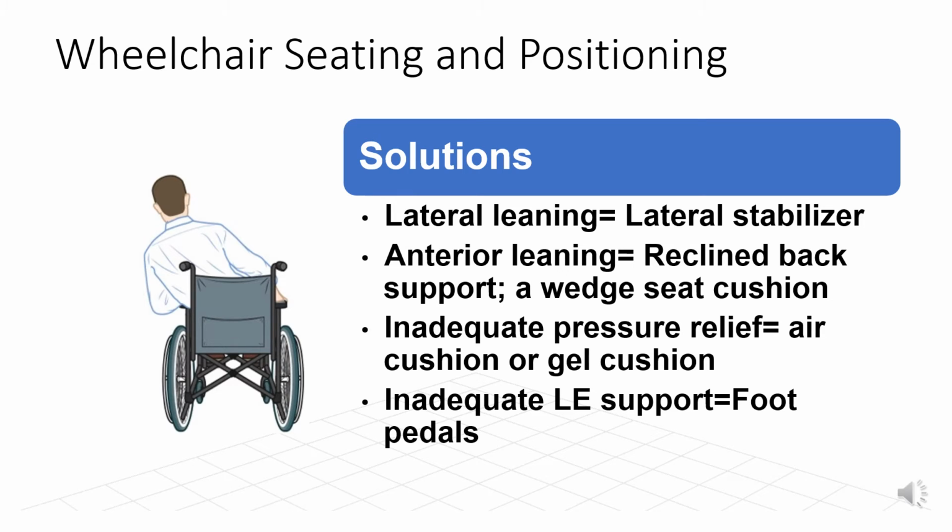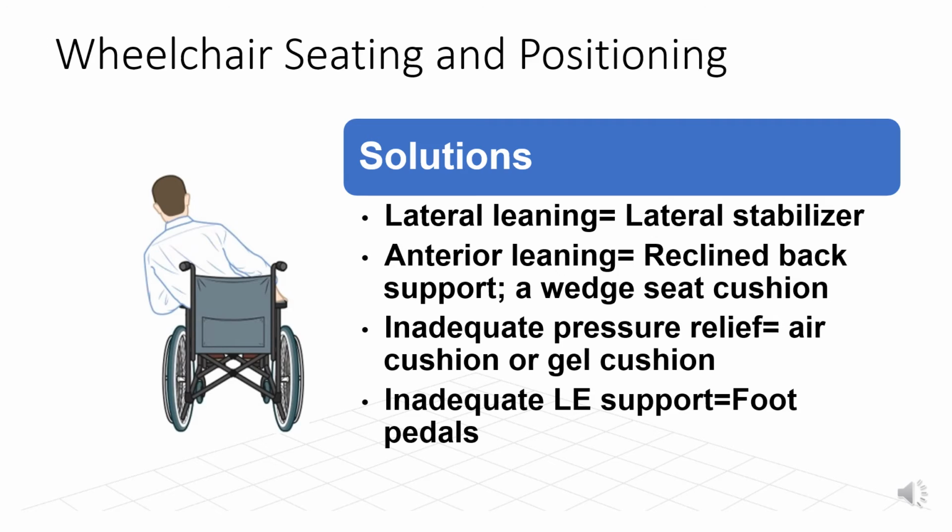For example, for lateral leaning, the lateral stabilizer or bolsters do solve the problem. For anterior leaning, reclining the back of the chair, and this has to be a high back reclining chair, by the way, or using a seat wedge cushion can solve the problem.